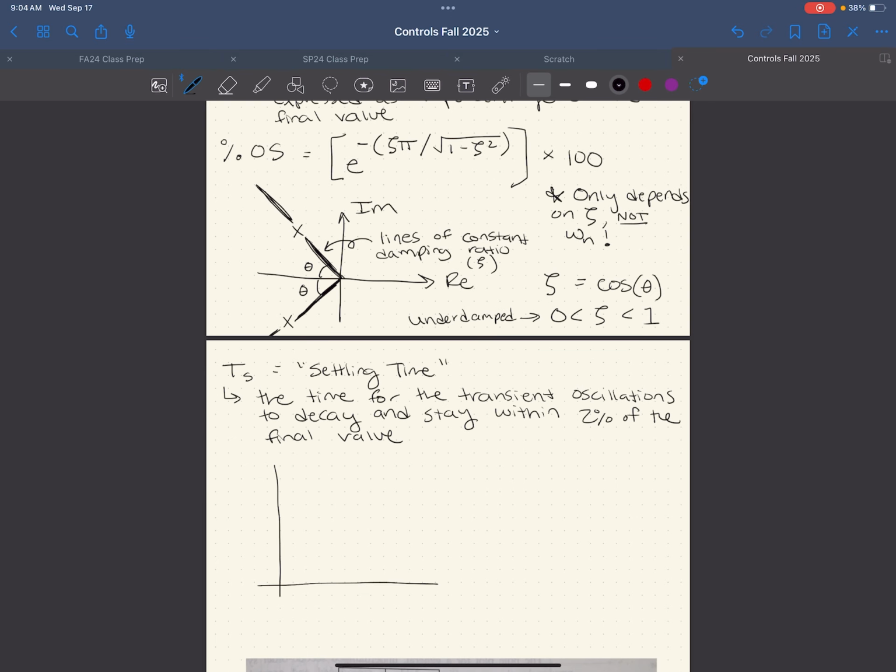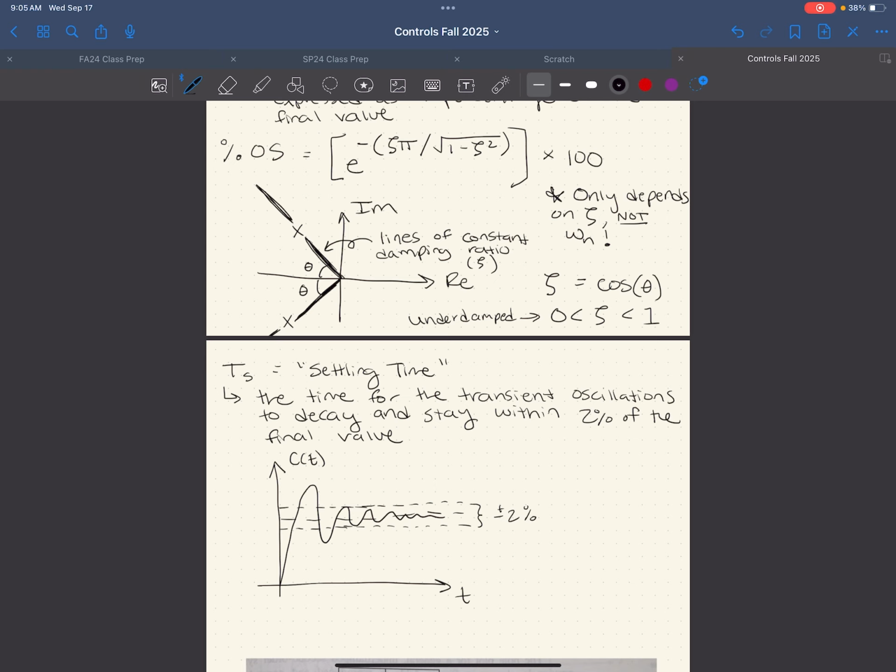I can draw that. An underdamped system looks something like this. And then I'm looking for that 2% envelope, plus and minus 2% from this final value, which is this dotted line. This is not to scale, of course, but I want to look for the point at which my system enters and stays within that 2% envelope.